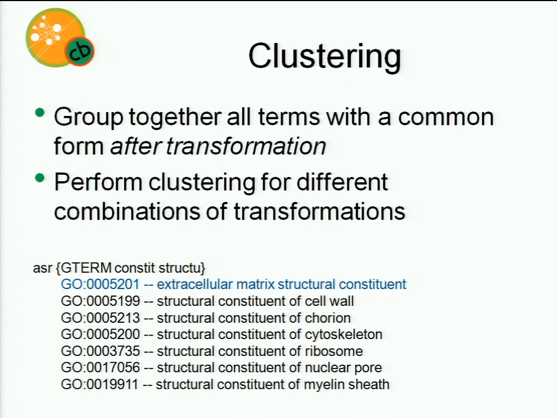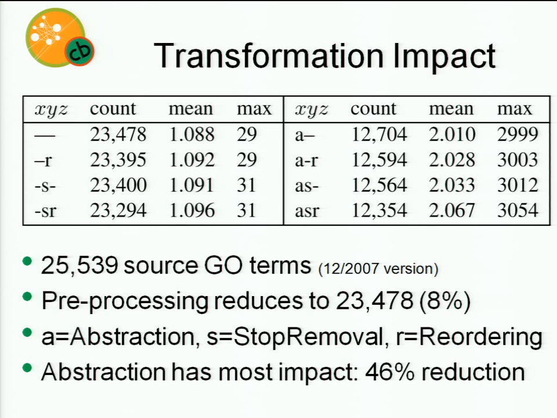So as I said, the abstraction transformation had by far the most impact on the set of terms. We worked with an older version of the gene ontology in which there were a little over 25,500 terms. After doing the stemming pre-processing, that reduced to a little over 23,000.